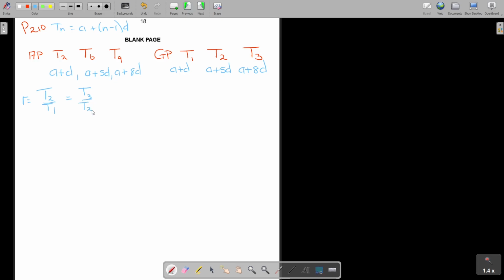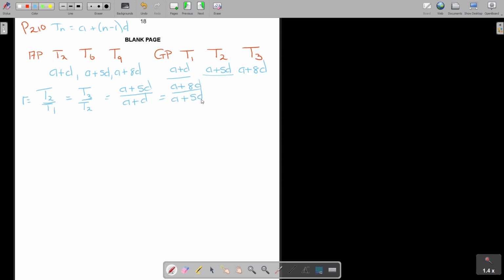So T2 is A plus 5D, do you see that? Over A plus D, and that's equal to A plus 8D over A plus 5D.